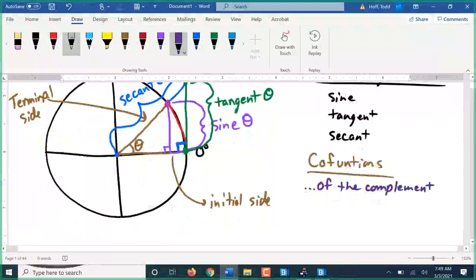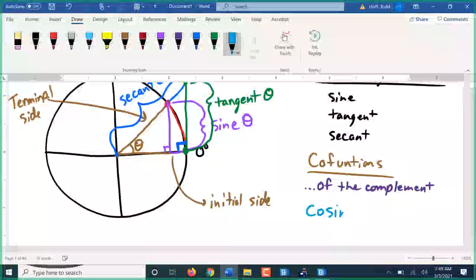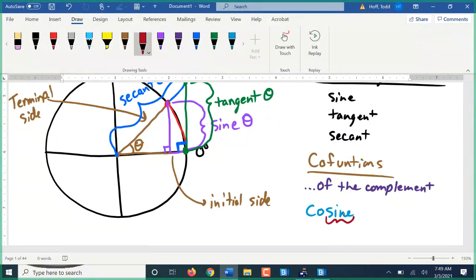So, I ask you for the cosine of something. This is asking me for the sine of the complement of whatever angle it is that we're looking at.